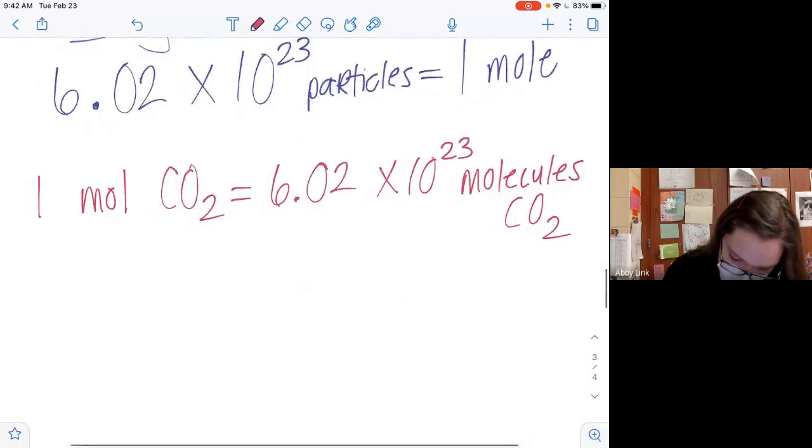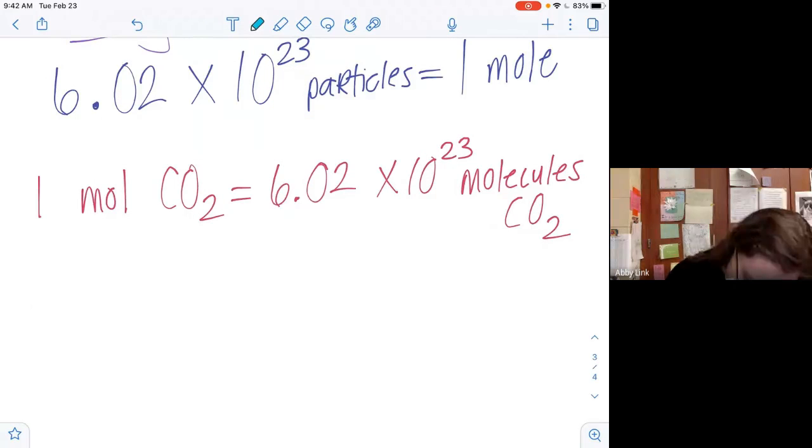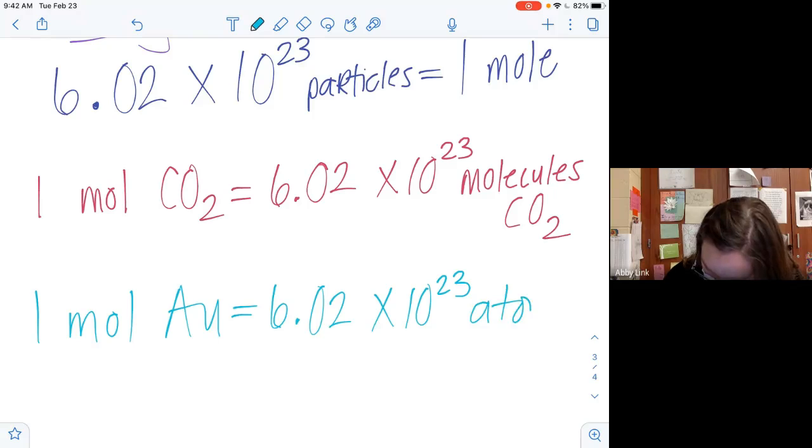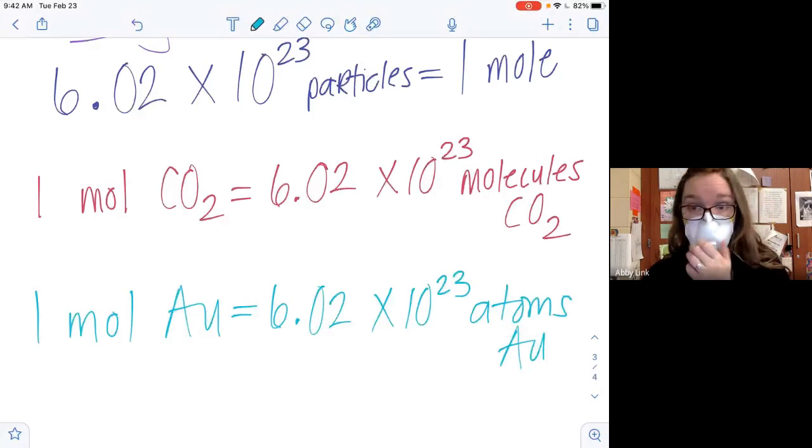Okay, I can use the same sort of logic to say that in 1 mole of gold, which is Au, there are 6.02 times 10 to the 23rd atoms of gold. That's what Avogadro's number tells me.